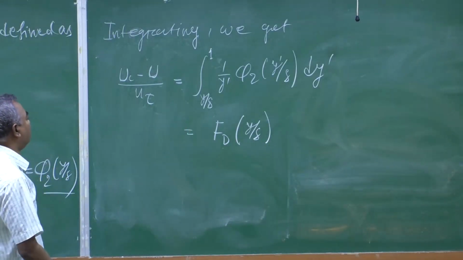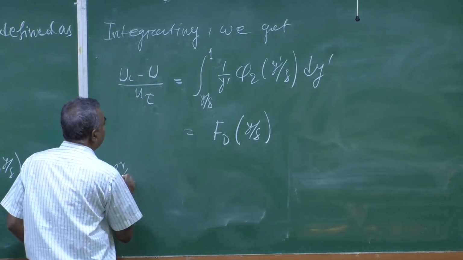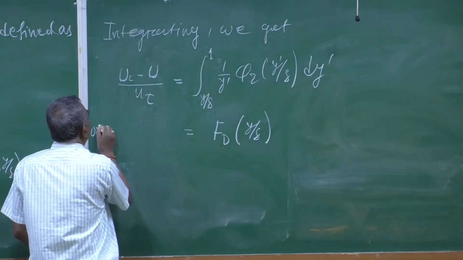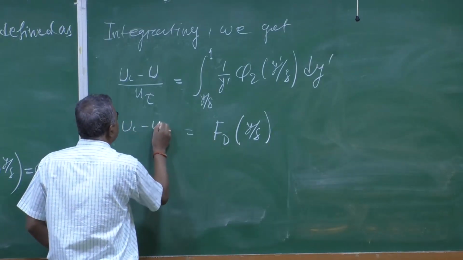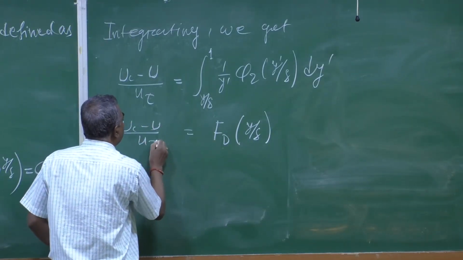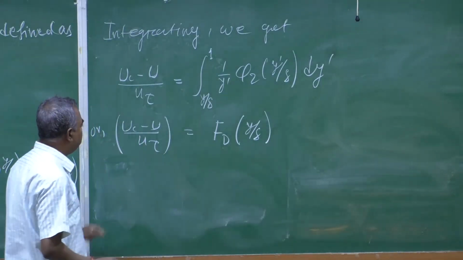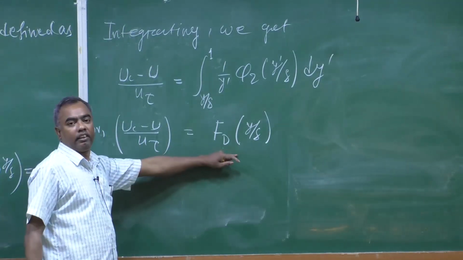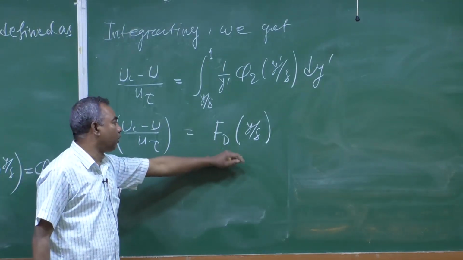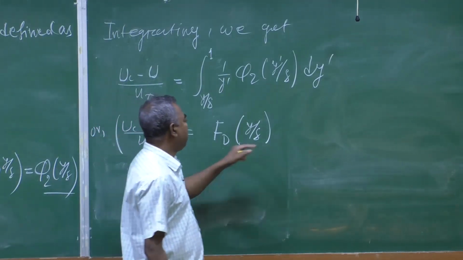So, the velocity defect can be written in this fashion as a function of y by delta.